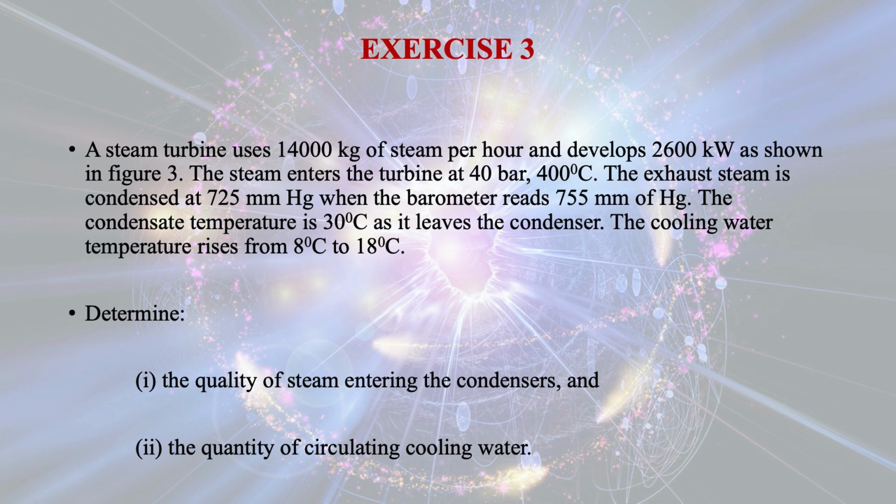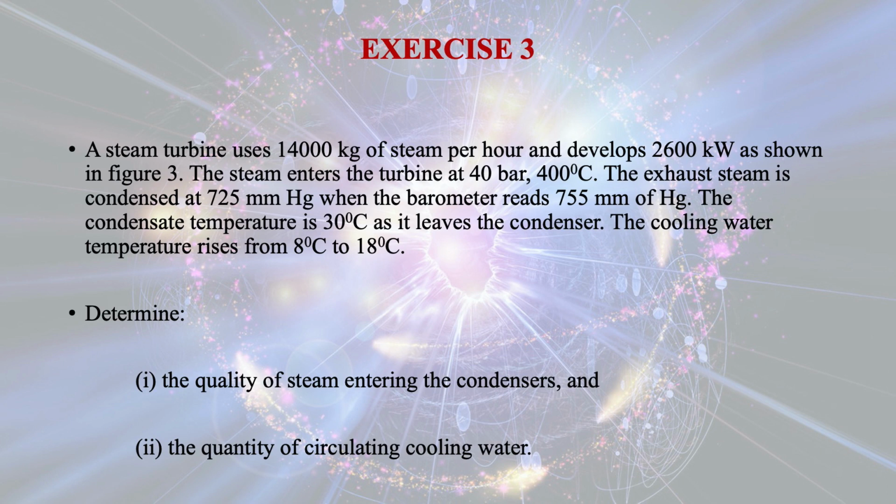Now let us start the exercise 3. A steam turbine uses 14,000 kg of steam per hour and develops 2,600 kilowatt as shown in figure 3. We will see the figure 3 later on. The steam enters the turbine at 40 bar 400 degrees centigrade. The exhaust steam is condensed at 725 millimeter of Hg when the barometer reads 755 millimeter of Hg.